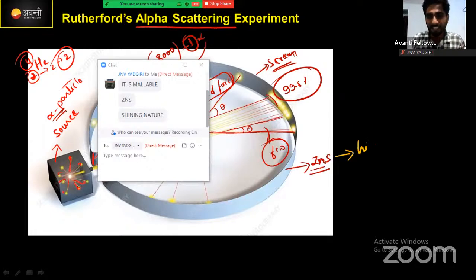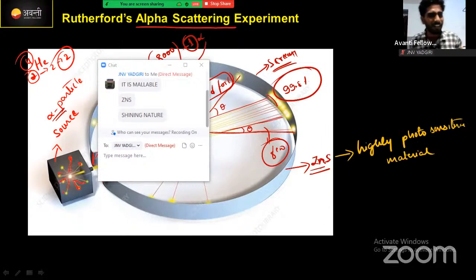We can say this one as a highly photosensitive material. Photosensitive material, I think you know, right?